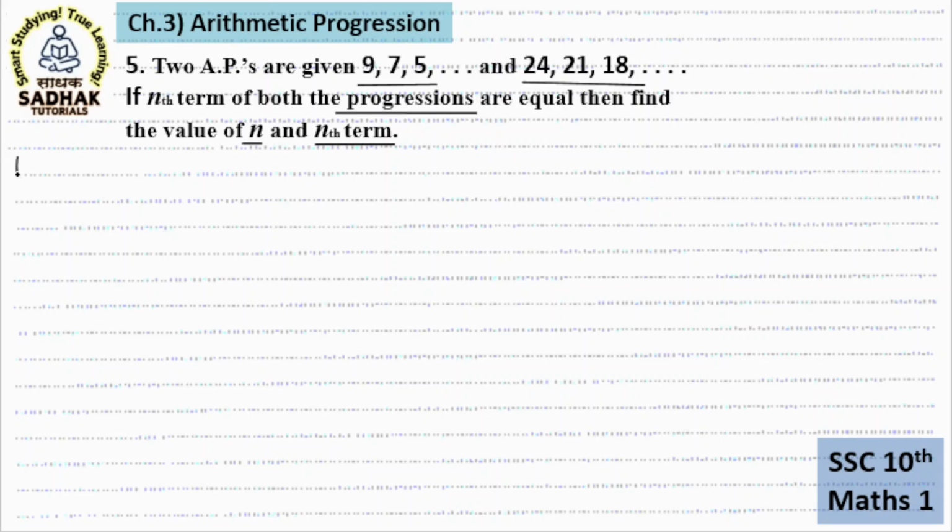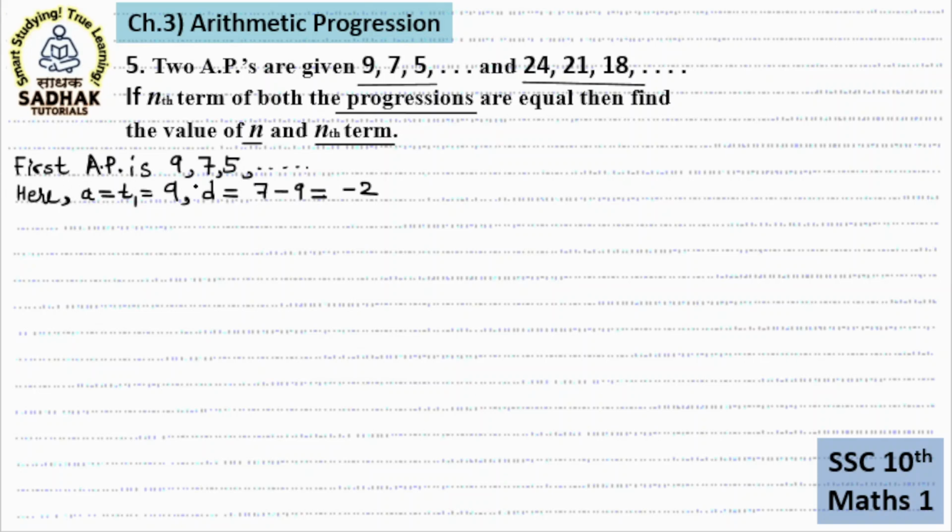First AP is 9, 7, 5 and so on. So here A, that is term 1, is equal to 9, and D, the common difference between two consecutive terms, is 7 minus 9, that is T2 minus T1, so that will be minus 2.